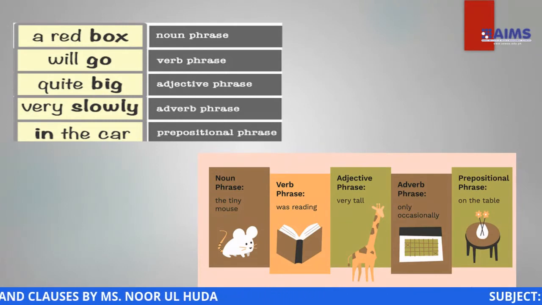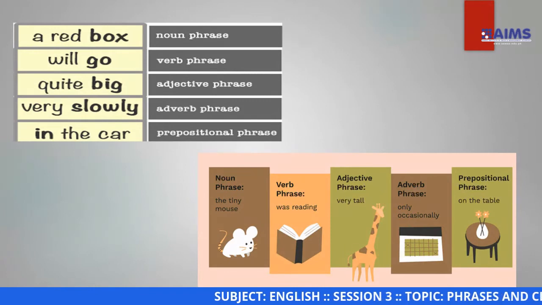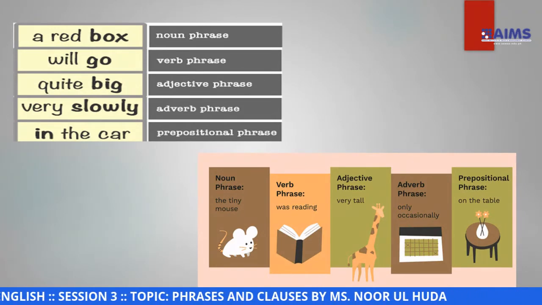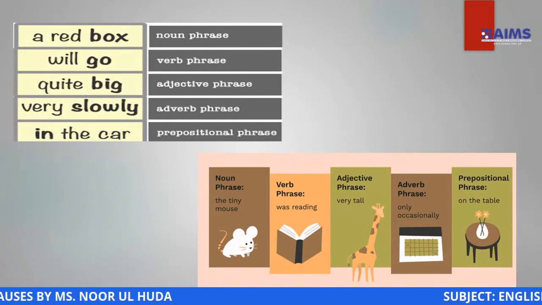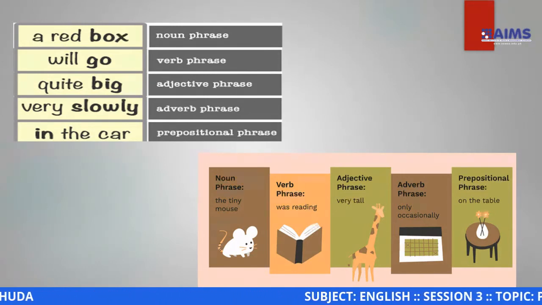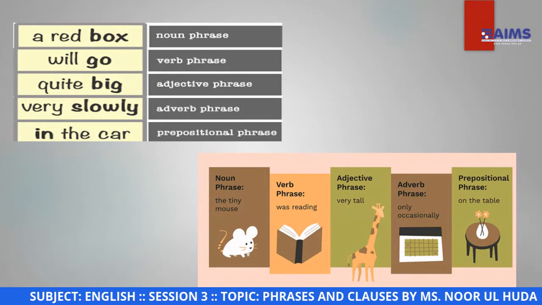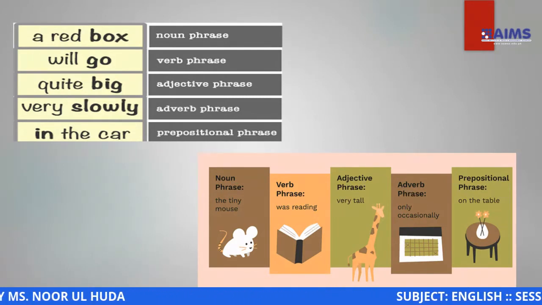Okay, and other examples are given here. Noun phrase: the tiny mouse. It is telling us the quality, it is modifying the noun. Verb phrase: was reading. Adjective phrase: very tall. Tall is actually the adjective, and the word which is modifying the adjective is very.